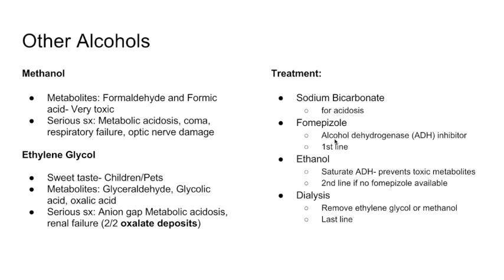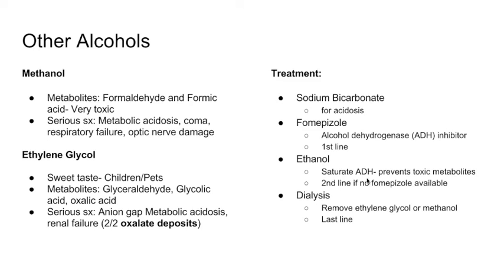If fomepizole is not available, we can actually use ethanol. So we can use alcohol to give the patient. You're going to tell me, well, that's not ethical. How am I going to give patients alcohol? Well, I'm going to tell you that it saves their life. And the reason for that is because if you give ethanol, if patients have abused these other alcohols, it saturates the alcohol dehydrogenase.